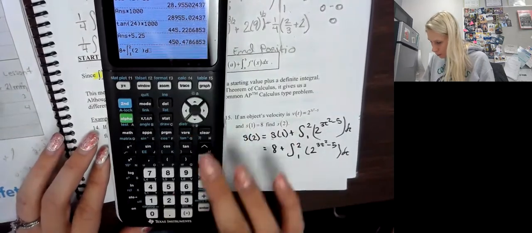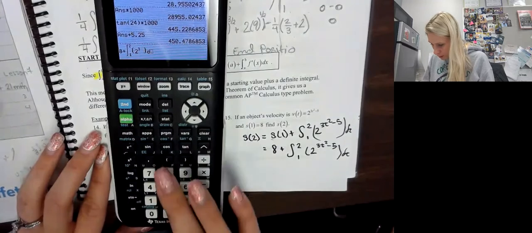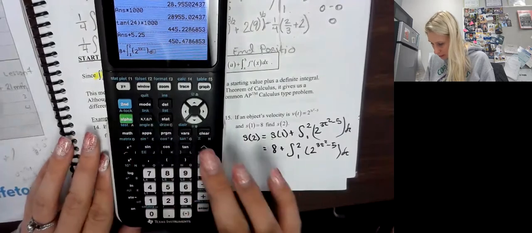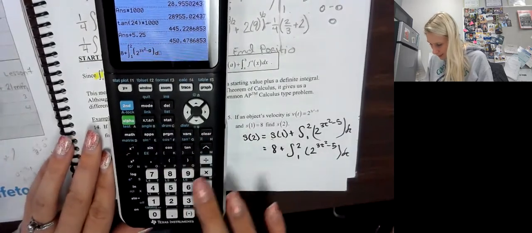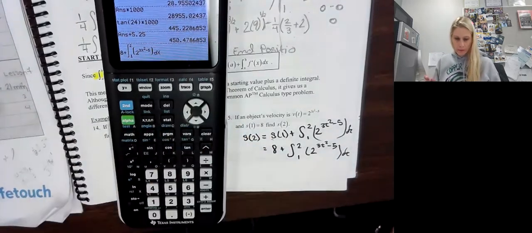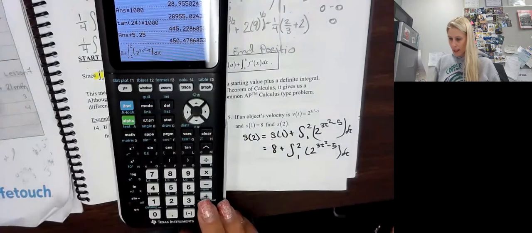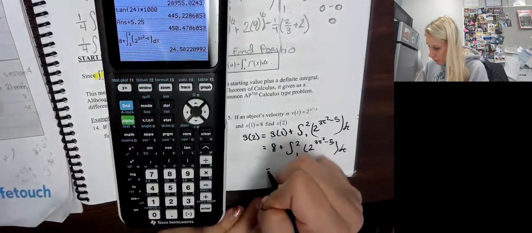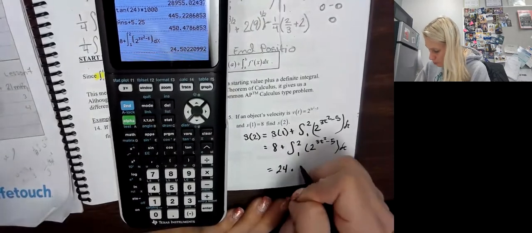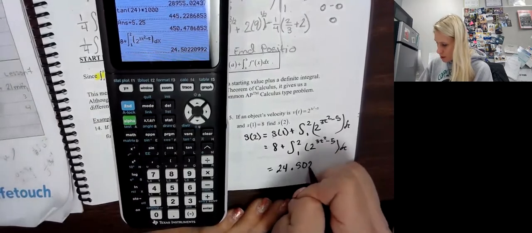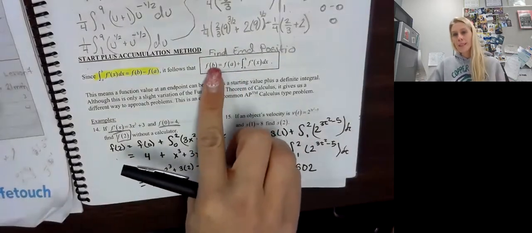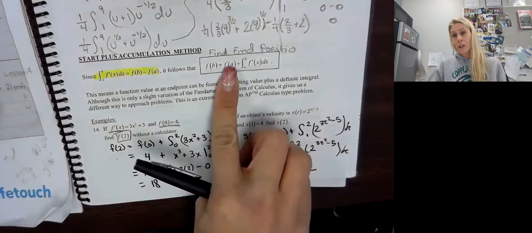Of our function 2 to the 3, I'm going to say x and just keep it in x's even though we're in t's, okay? Squared minus 5. Do you guys see that? Enter. And of course, how many decimal places do we go out? We go out 3 decimal places, so 24.502. These are the ones you need to recognize because we're finding an ending position by being given the first position.